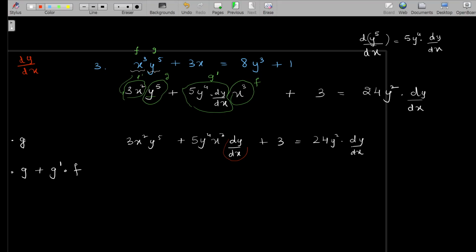You see here you have dy over dx, and here also you have dy over dx. We want to isolate this. So how will you isolate this? Just think of it like solving an equation like this: 3 plus y plus 3 equals to y. If this is an equation and you want to isolate y, then how would you isolate y?